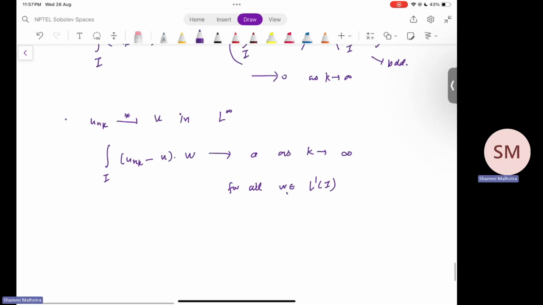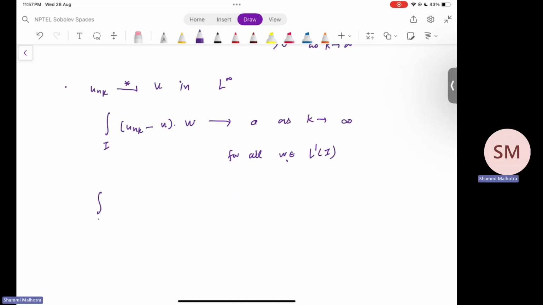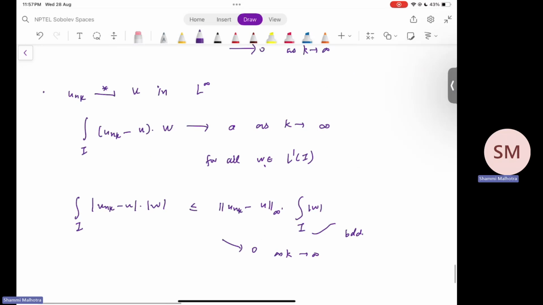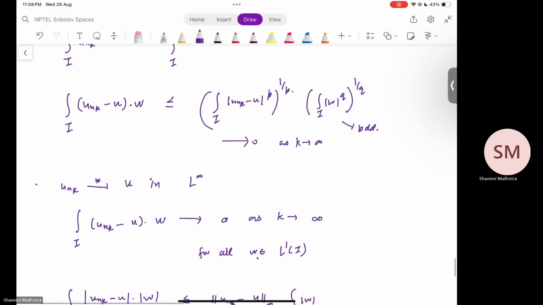So again, that's not so hard. We have this integral; if we consider the modulus of (u_n_k minus u) times the modulus of w, this is less than or equal to the infinity norm of u_n_k minus u, times the integral of w. I know this thing tends to 0 as k tends to infinity, and this thing is bounded. So again, the whole thing goes to 0. So we have the weak convergence, weak star convergence.